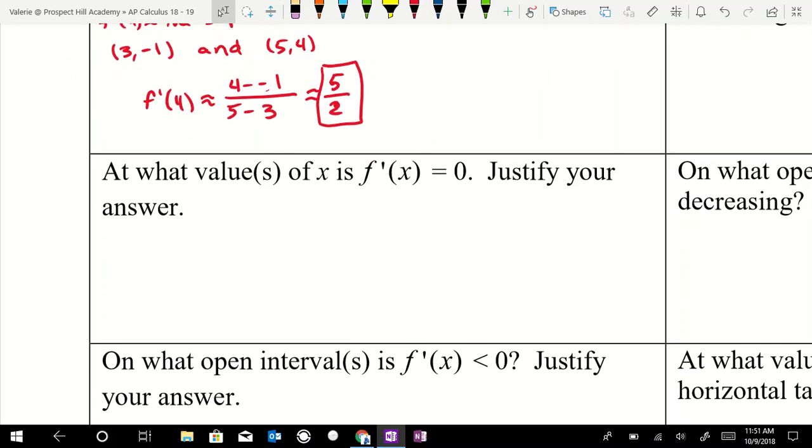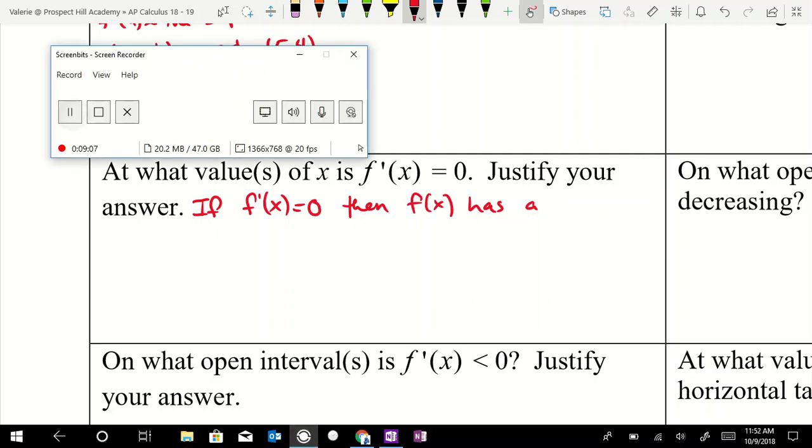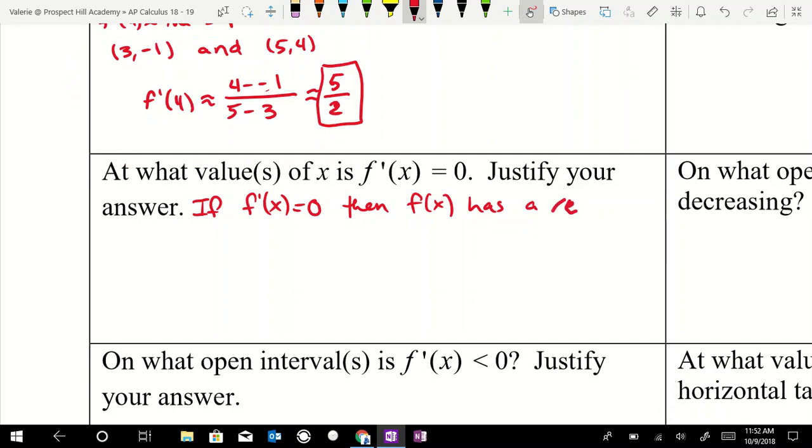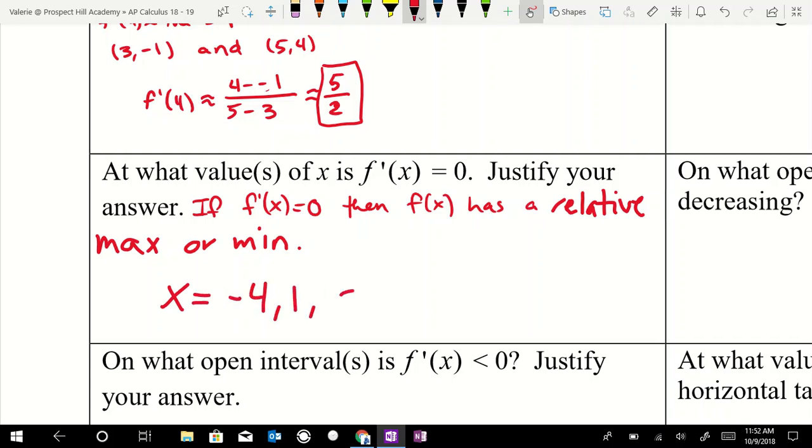To justify this, we know that if f prime of x is equal to 0, then f of x has a relative max or min. So looking at the graph, we can see that the relative max or mins occur at x equals -4, 1, and 5.